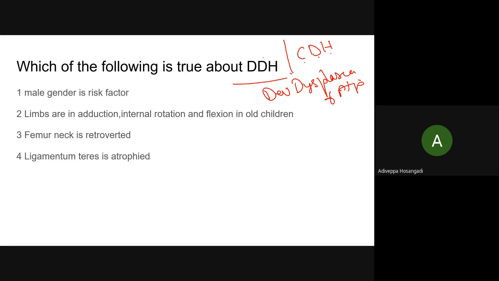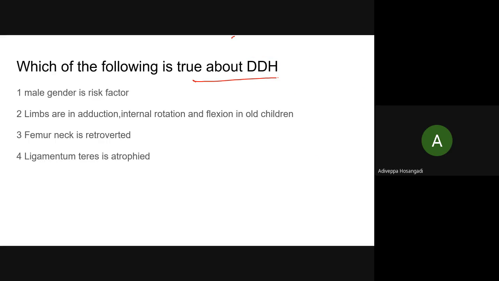But it is better named DDH because it is a spectrum of disease. At one end, it is a dislocation. At the other end, it is an unstable hip. So DDH is a spectrum of the disease. Please remember that. Okay.